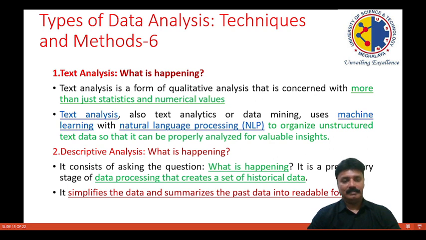Also called text analytics or data mining, it uses machine learning with natural language processing to organize unstructured text data so that it can be properly analyzed for valuable insights.